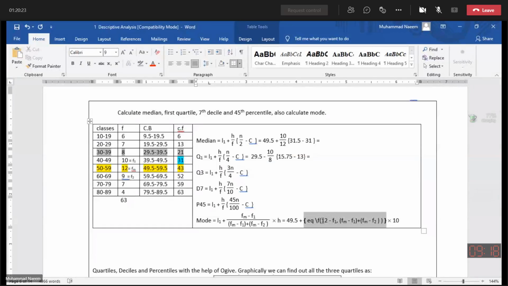F1 is 10. And the value of F2 is 9. Simplify all this. You will get the value of the mode.